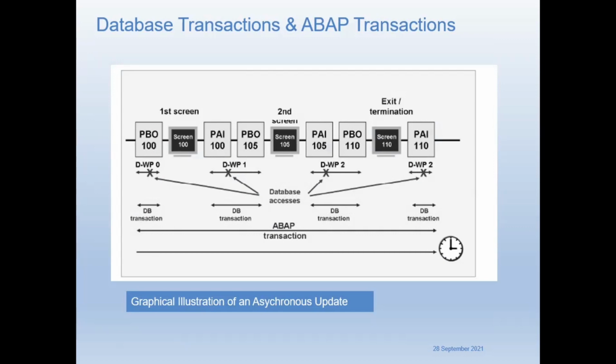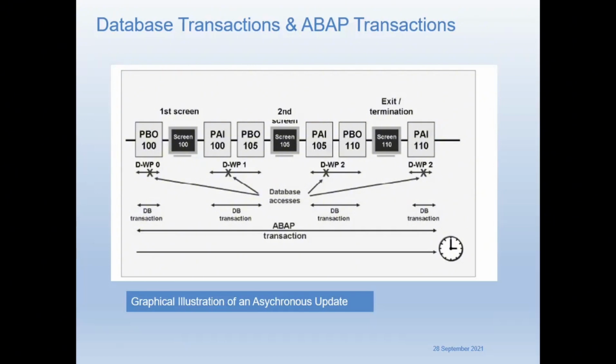So as we already discussed, the user calls the first screen, screen number 1 is generated, screen number 2 is generated, screen number 100 is generated. One dialog work process has contacted the DB, the database has prepared a reply, and the reply has been sent to the user. Now one DB transaction is completed.